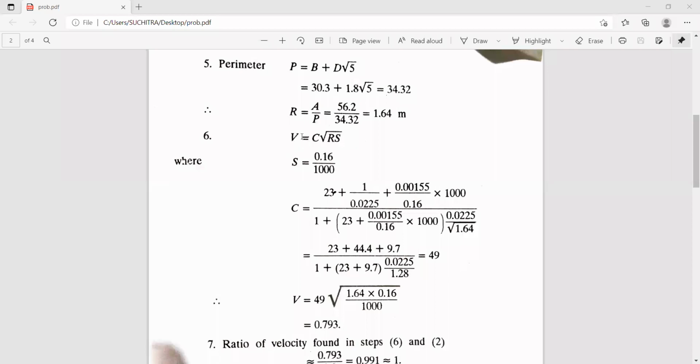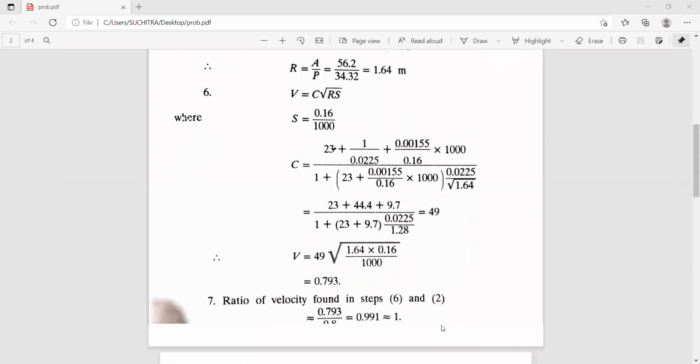Now we have to use this value in this equation. It is the Manning's equation. V, mean velocity, is equal to whatever the value of C you get from this equation, into square root of the hydraulic mean depth 1.64 multiplied by the longitudinal bed slope of the canal. So thereby you'll get the value of the mean velocity as 0.793 meters per second. Now you have to compare the ratio of mean velocity and the critical velocity.